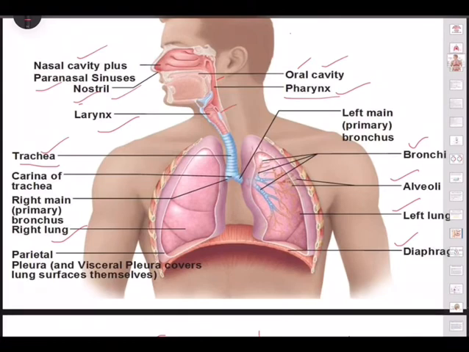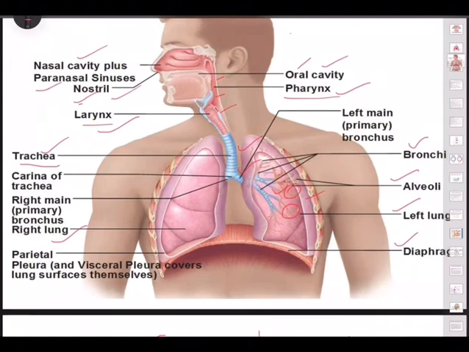Somewhere in this region we have the larynx and glottis, and from the larynx to the trachea, this region, and trachea to bronchus, this region, and bronchus to bronchioles, this region, and bronchioles to alveoli. These round structures are called alveoli, and finally the air enters the lungs. This is the pathway.